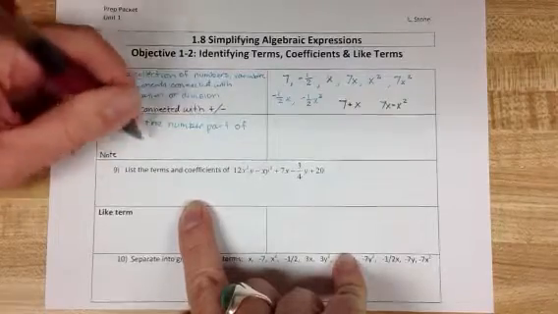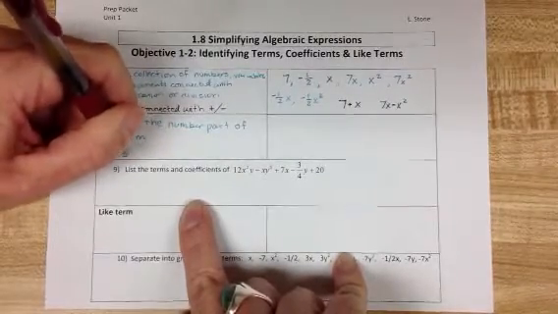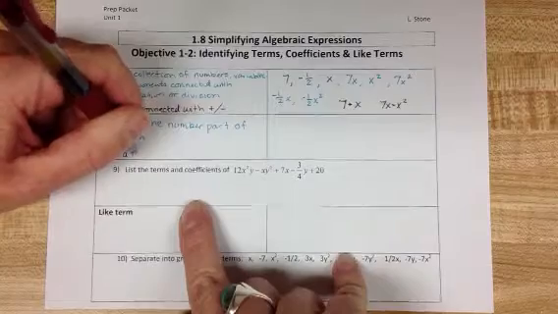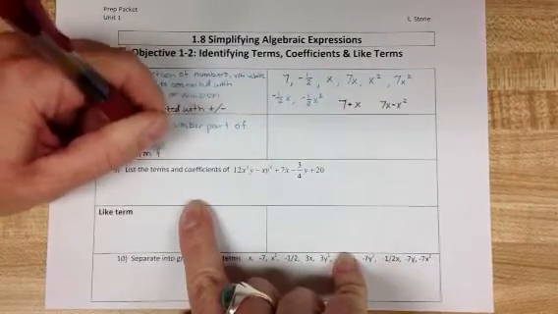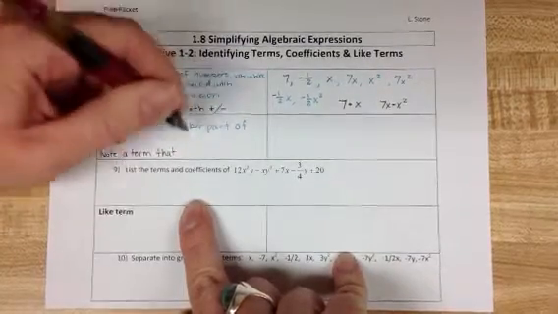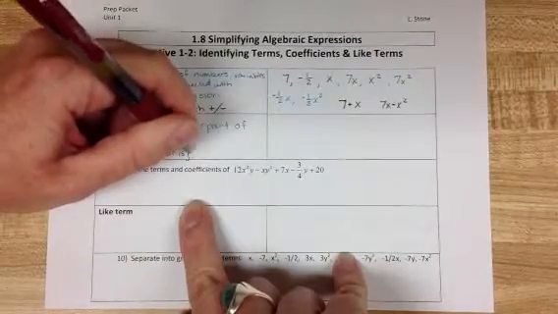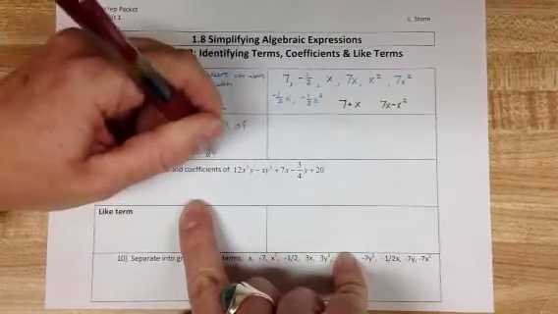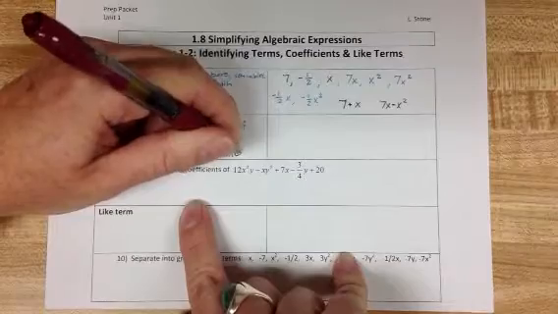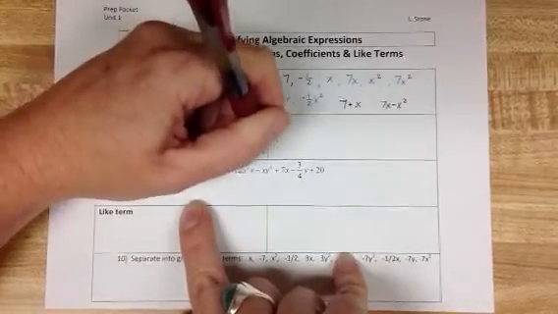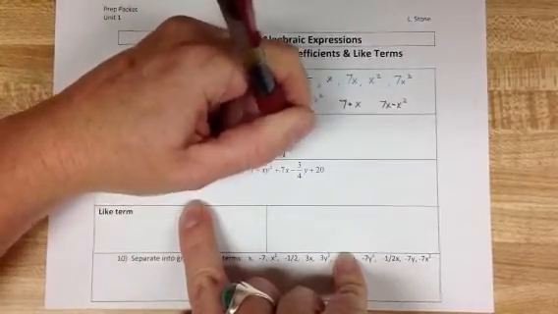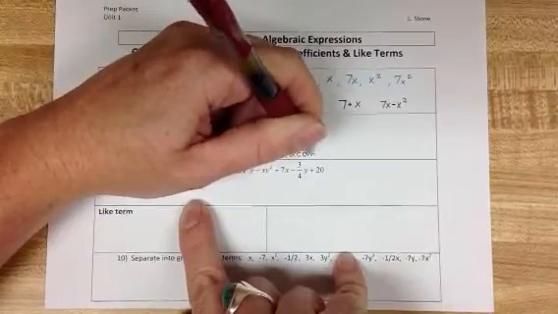Note, a term that is just a number, doesn't have any variables attached, is called a constant.